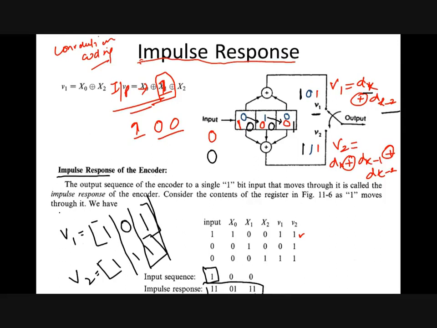The impulse response can be directly written by seeing the matrix of individual code components. You just have to see which one is the first component: V1 is the first component here and V2 is the second component, by seeing the arrow. So by seeing this matrix also we can frame a complete generator matrix.